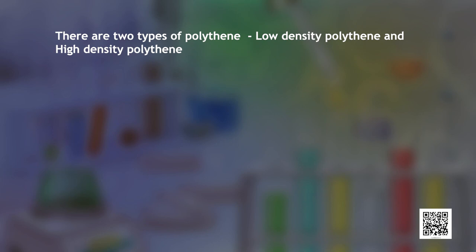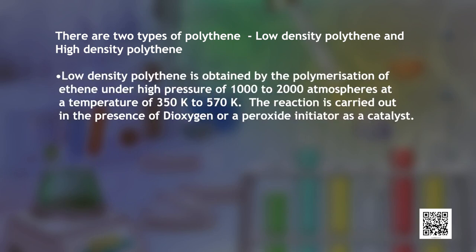So, we will first talk about the properties of polythene, and there are two types of polythene termed as low density polythene and high density polythene. While low density polythene is obtained by the polymerization of ethene under high pressure of 1000 to 2000 atmospheres at a temperature of 330 to 570 Kelvin.